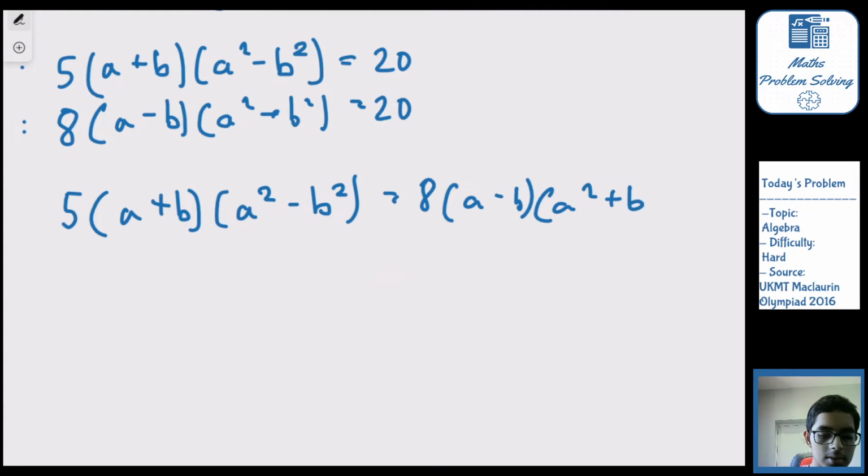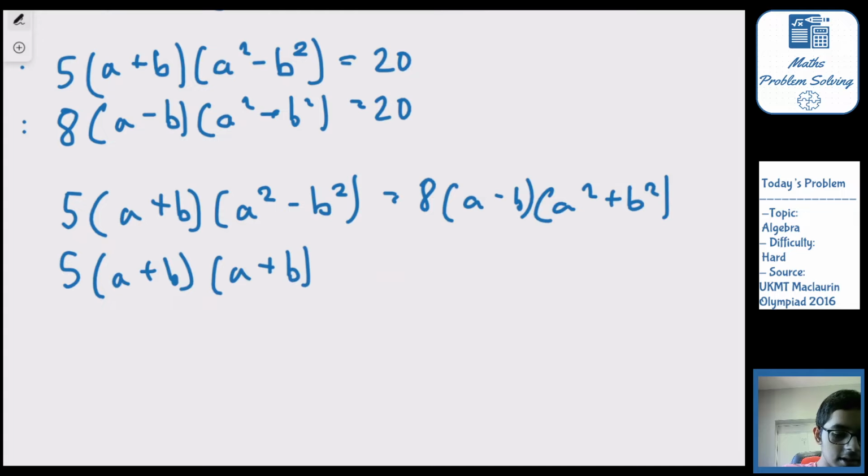This is our next step, and now we can start simplifying this a bit more. The a squared minus b squared term, we can rewrite as a plus b, a minus b. Remember, it's the difference of two squares, because a squared minus b squared is the same as a plus b, a minus b.